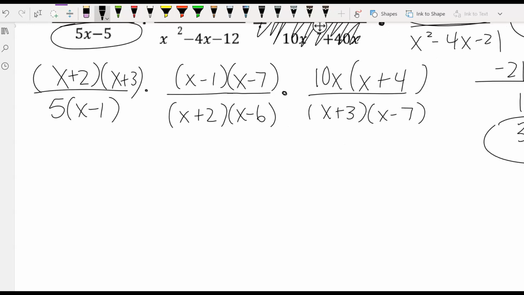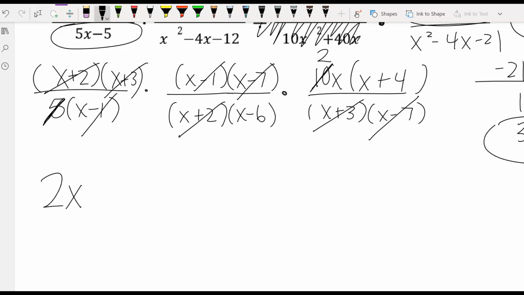So starting x plus 2, we look here, and we have an x plus 2. X plus 3, we have 1 on the bottom. X minus 1, x minus 7, we have 1. And then a 10, we don't have a 10 on the bottom, but we do have a 5. So we can cancel the 5, and this becomes a 2, because 10 divided by 5 is 2. We don't have a single x, so we know we'll have a 2x left over on the top.